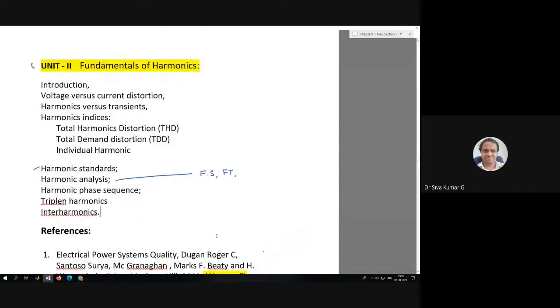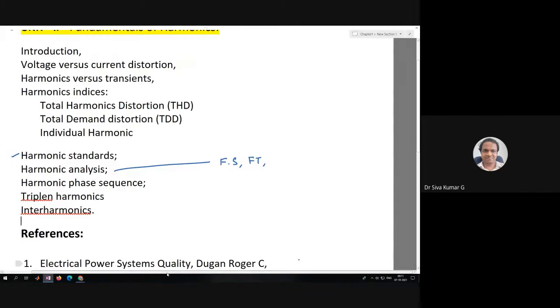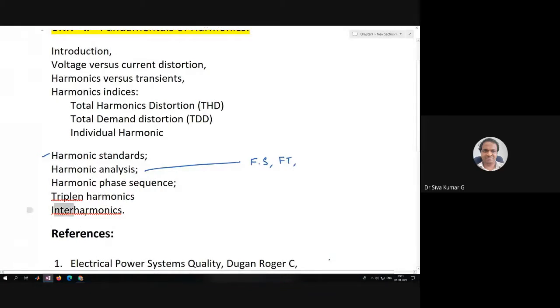And then we have seen harmonic standards, harmonic phase sequence, triplen harmonics, and interharmonics. Interharmonics, as such, we have not discussed much about this aspect. The only thing is that we know the definition of interharmonics.